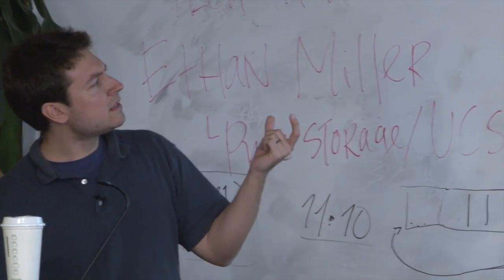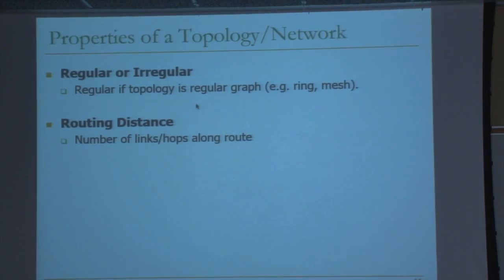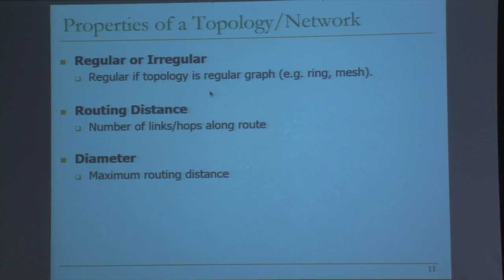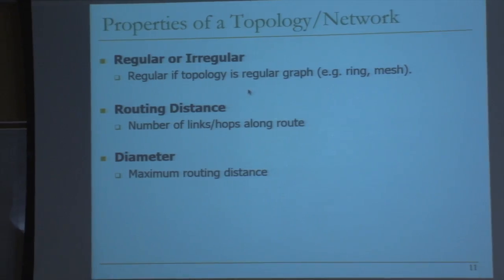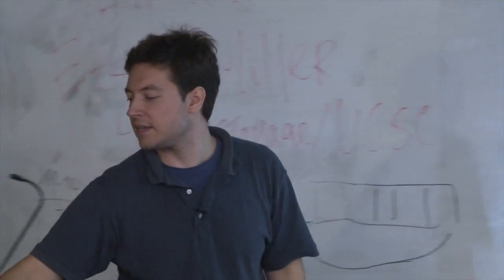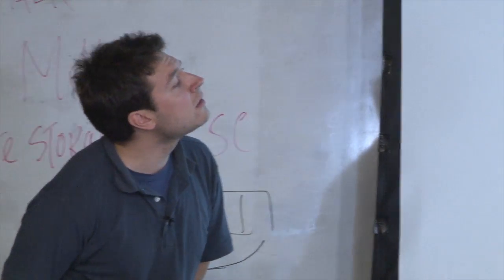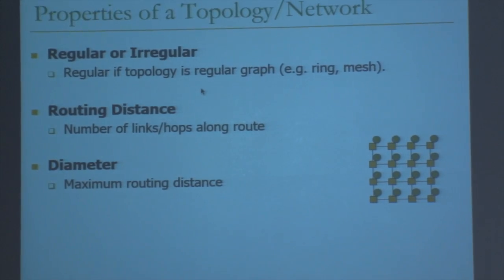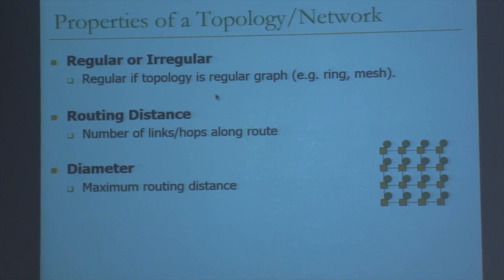The routing distance is essentially the number of links you have to traverse, or the number of hops going from A to B in a network. And the diameter is the maximum number of hops you might have to traverse to get from A to B. So you take the 2 farthest points in the network, and you see how many hops it takes to get from one to the other. So can anyone tell me what the diameter of this network is here? 6. That's right, it's 6.